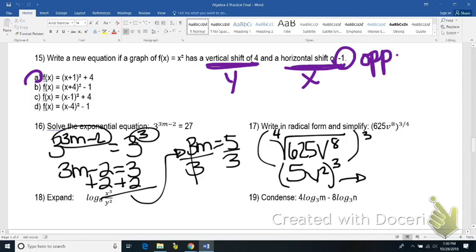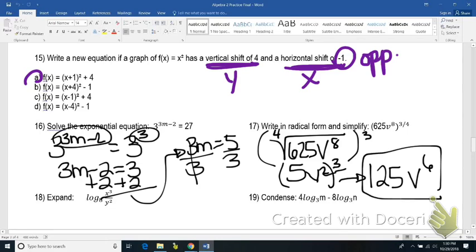And then you have everything to the 3rd power. So what's 5 to the 3rd? 125, and now this is where you multiply your exponent, so that becomes v to the 6th. So always divide the exponent by the root first, and then multiply the power to the power last. Everybody good?